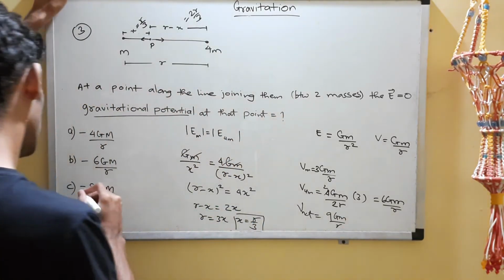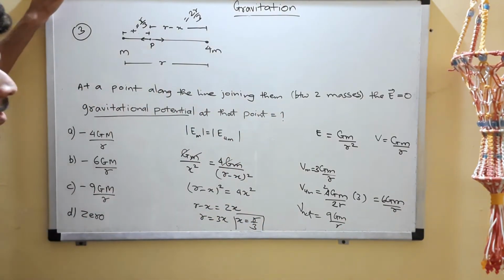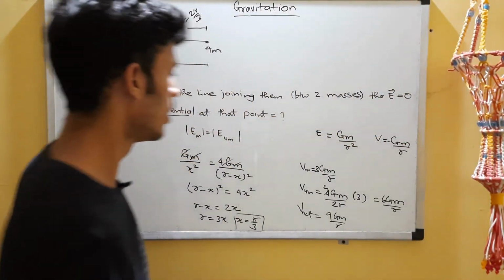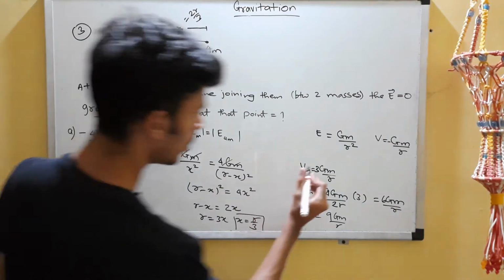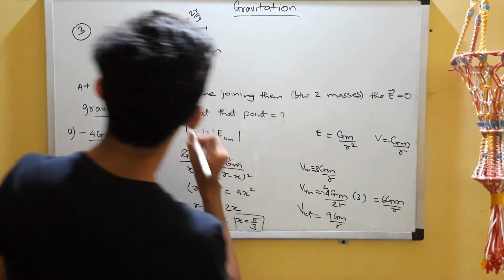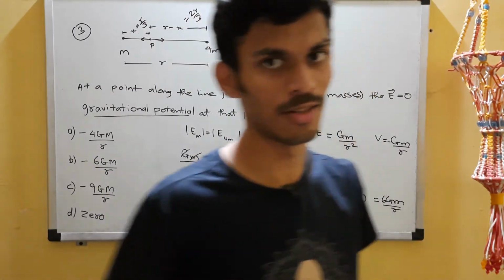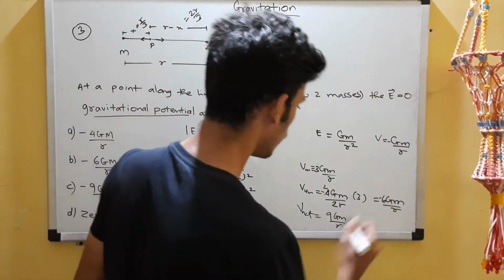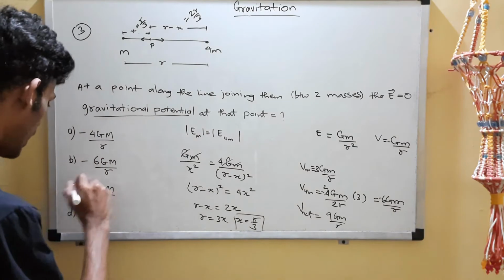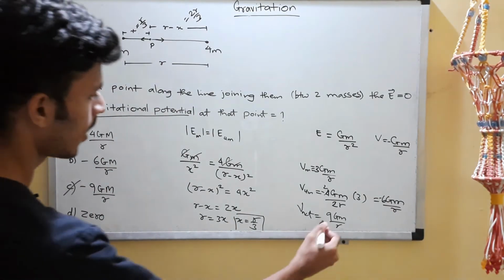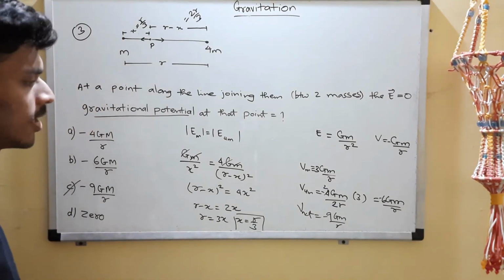And of course a negative sign, because the potential basically is minus GM by r. Both will be negative, because you just have to show the attractive nature of the force. So yes, it's negative, don't worry about the sign. The correct answer over here is minus 9GM by r. So minus 9GM by r is the correct choice.